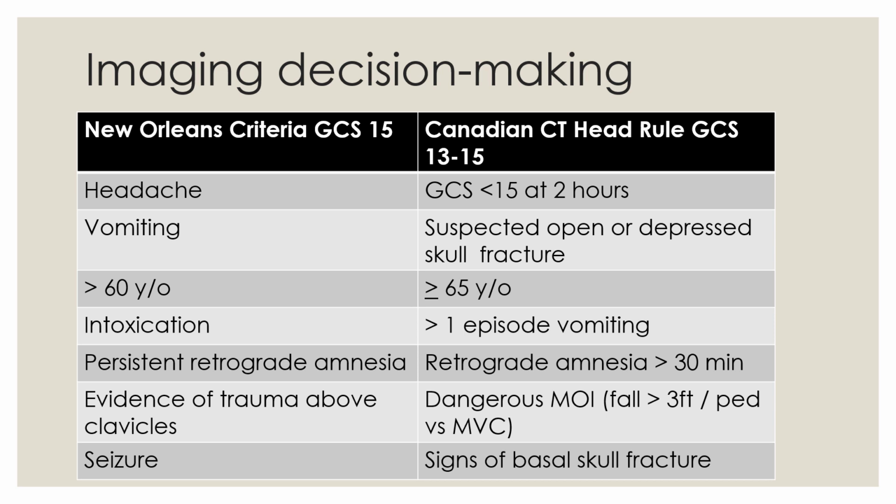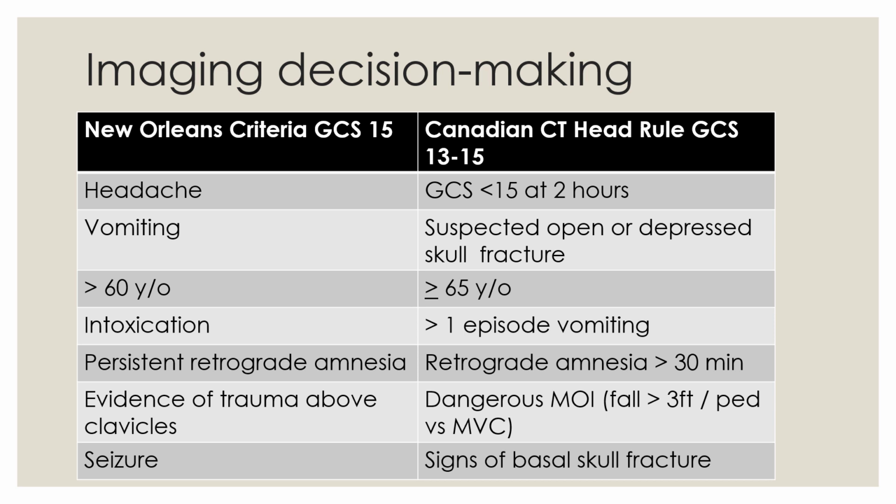So in the New Orleans criteria, we image folks with headache, with vomiting, who are greater than 60 years old, because you'll remember they're at higher risk for some particular injuries like subdurals. Anybody who's intoxicated, because it's hard to sort out the symptoms of intoxication from the symptoms of head injury.